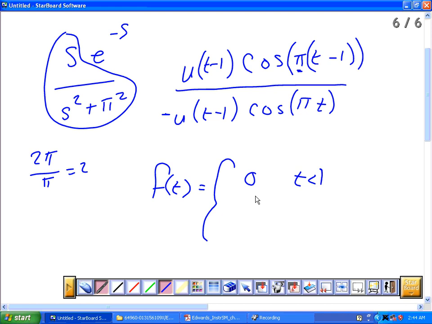And it is negative u of t minus 1 times cosine of pi t when t is greater than or equal to 1. Okay? And so that's what we're doing in that section there.